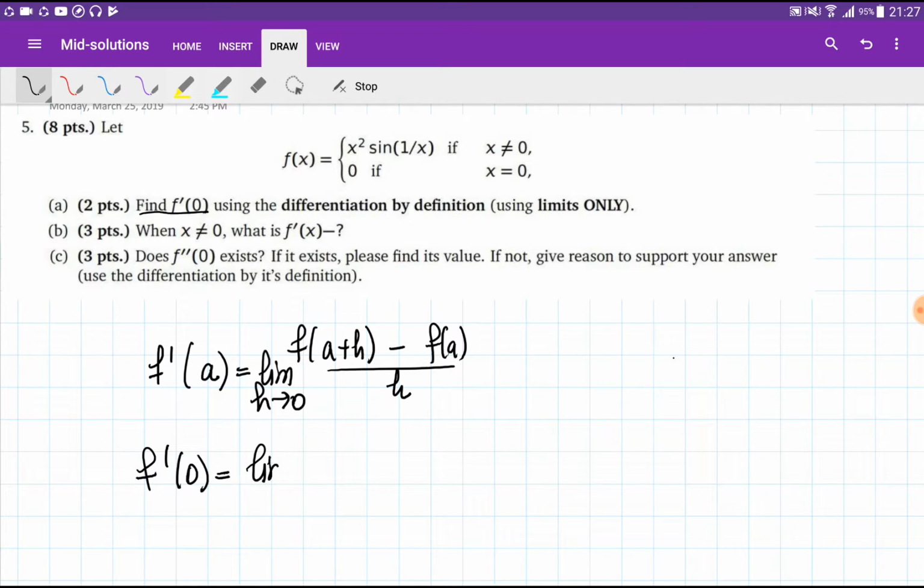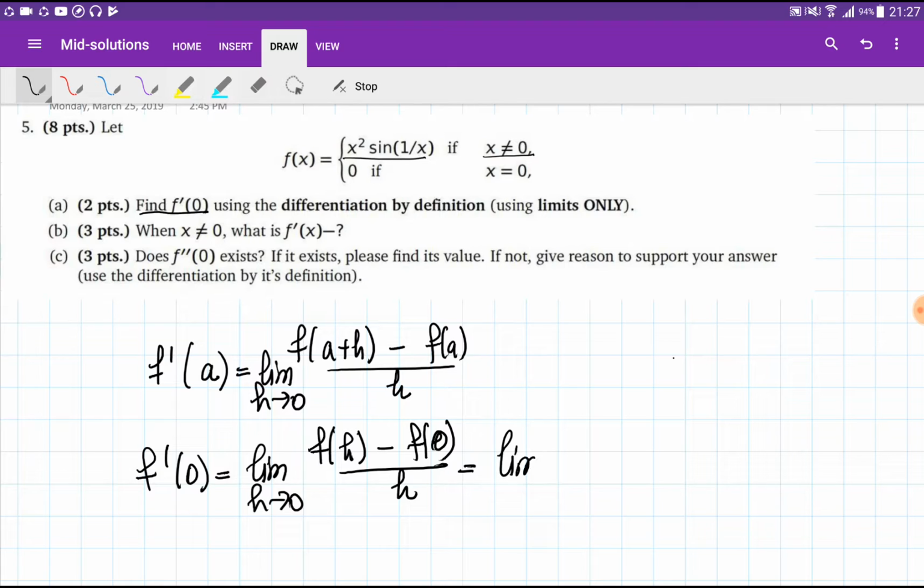So this is the limit of f of a, which is 0, right? Simply f of h minus f of 0, divided by h, when h goes to 0. So what is f of h where h is not equal to 0? For all the arguments which are not equal to 0, the function's value is equal to this one. So we just need to substitute x with h.